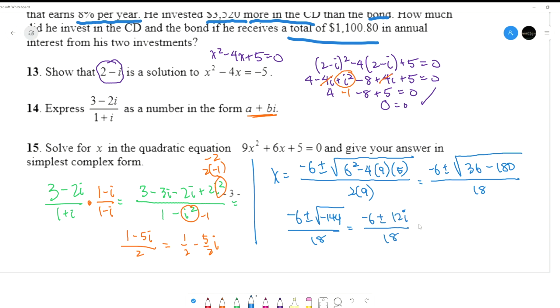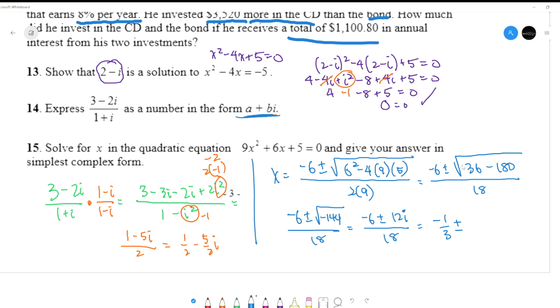And we need to simplify this. The proper way to do it is by factoring 6 out, but you can do it in your heads, I hope, right? I would just split it up. Negative 6 over 18 is negative 1 over 3. Plus or minus, because we have to write it in a plus bi form, 12 over 18, right?